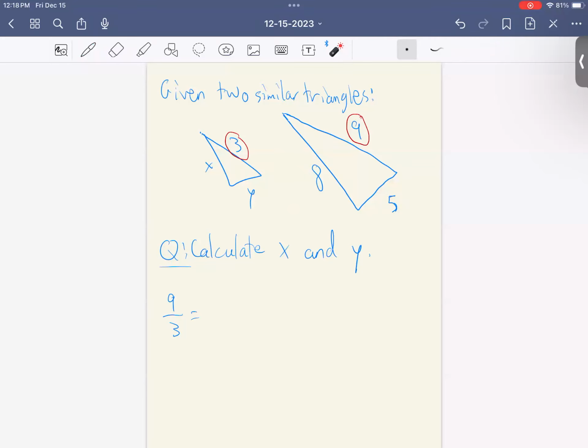To be equal to y over 5. Careful, it's not going to be y over 5 in this case because I started with the 9 divided by the 3. So I've got to keep the triangles consistent. So 9 over 3 is... Yes, James, are you raising your hand? Well, it's 3. Okay, so of course this is 3.